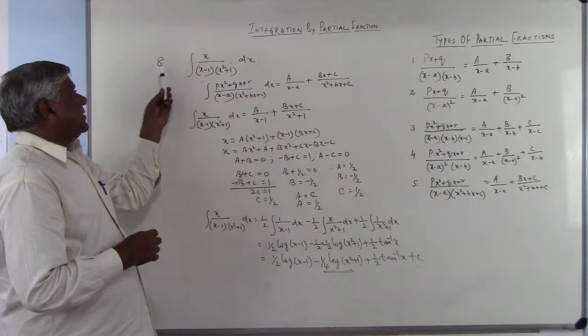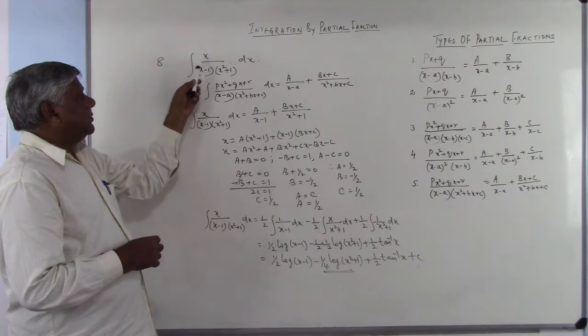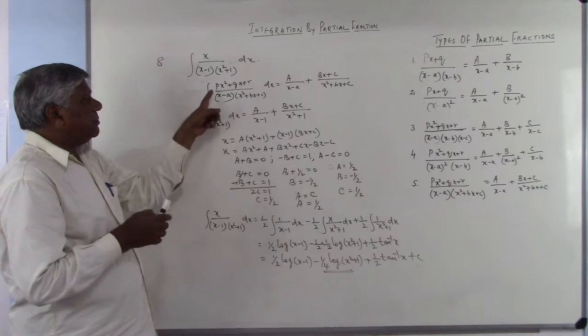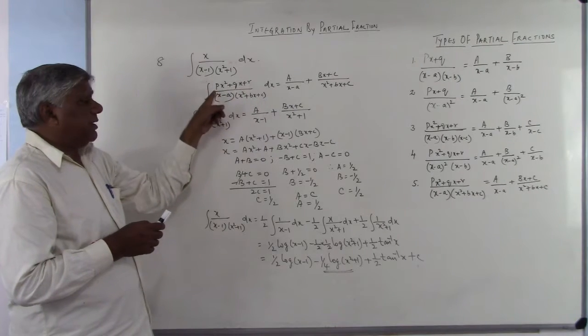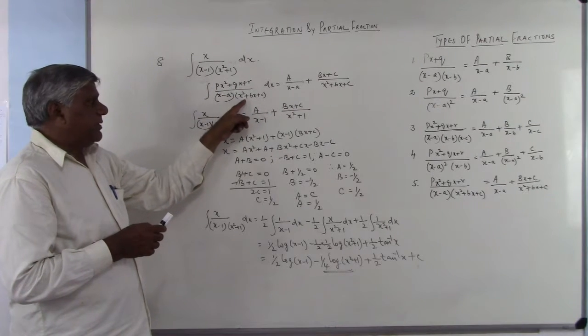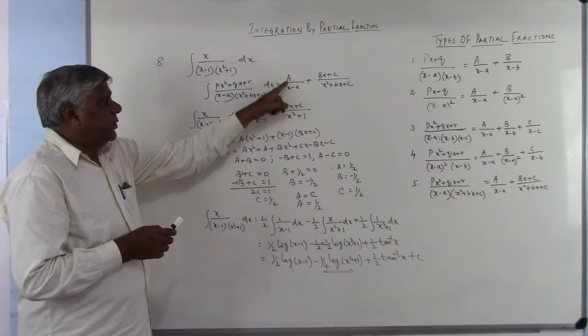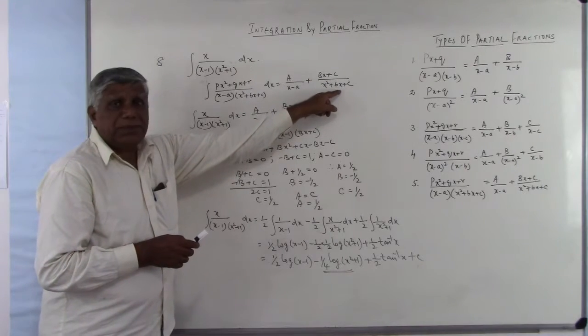Now we shall see this last problem in this unit. See, integral x over x minus 1 into x square plus 1 into dx. This is of the form: integral px square plus qx plus r divided by x minus a into x square plus bx plus c into dx is equal to A over x minus a plus bx plus c over x square plus bx plus c.